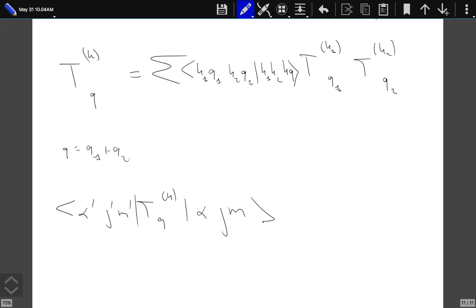One has a J value J and M value M, the other one J prime and M prime. This alpha represents any other quantum number that the system can have. This will be equal to the Clebsch-Gordan coefficient <J K; M Q | J K; J' M'> times the reduced matrix element <alpha' J' || T^K || alpha J>.